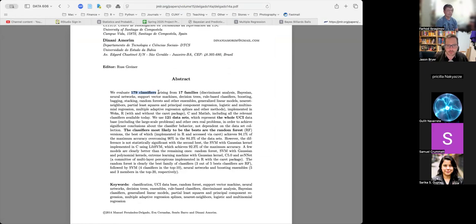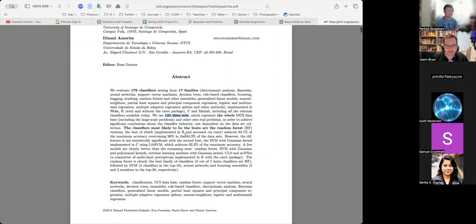That's one of the ones they look at. 179 different prediction models against 121 data sets. And their conclusion was, random forest performs really well most of the time. If it's not the top performing model, it's very close to the top performing model. So this is a nice paper to have in your back pocket.